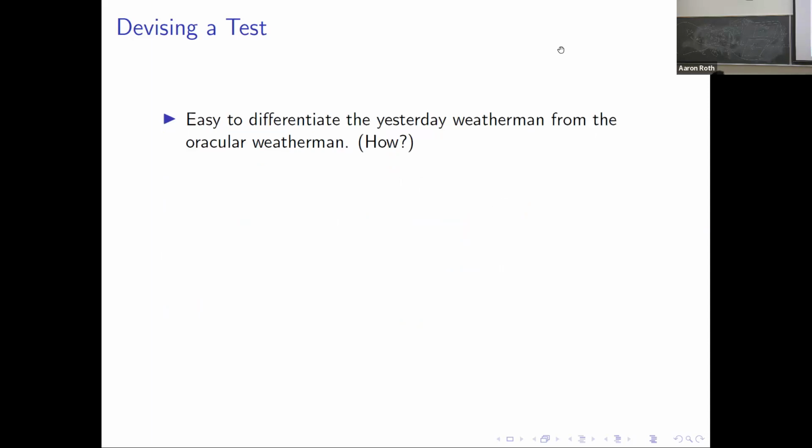Maybe we can come up with a different statistical test. Can anyone think of a way to catch out this particular strategy, the yesterday weatherman, and discover that he doesn't really know what he's doing? What's something that's going to happen differently for his predictions compared to the real ones? Yeah, he's wrong in obvious ways.